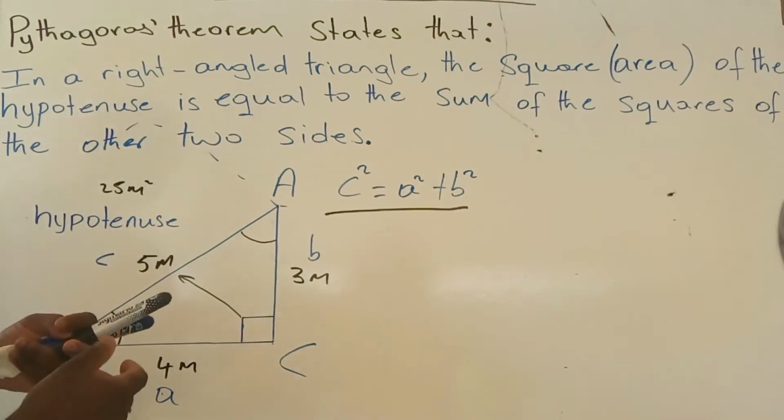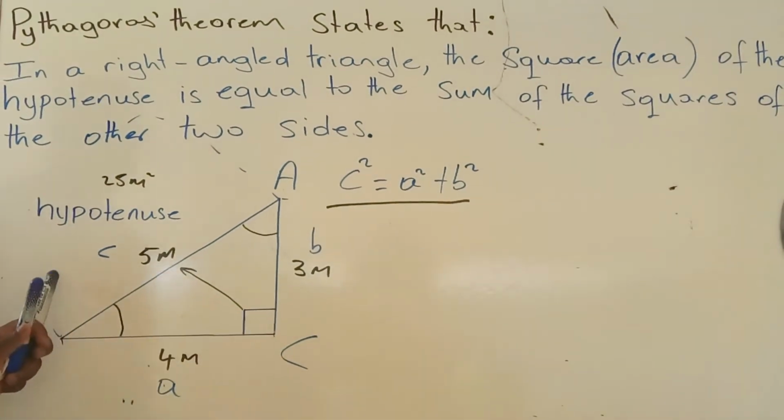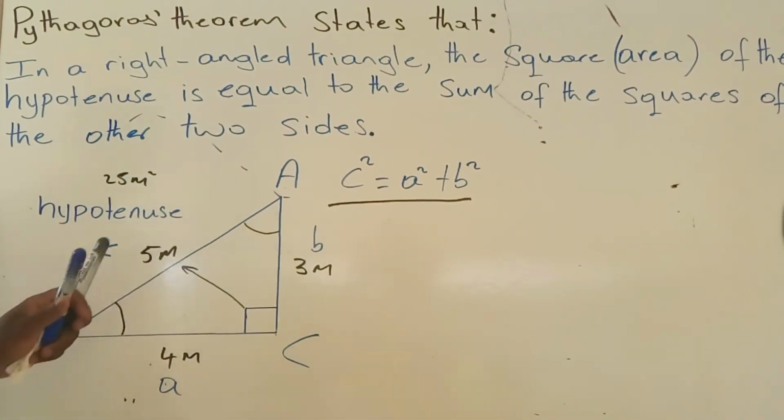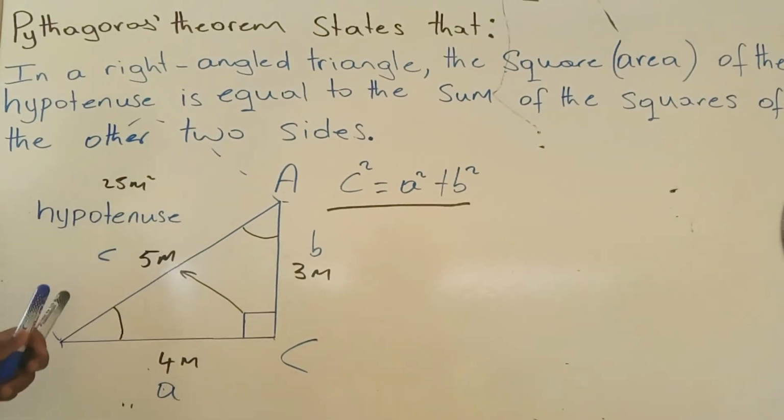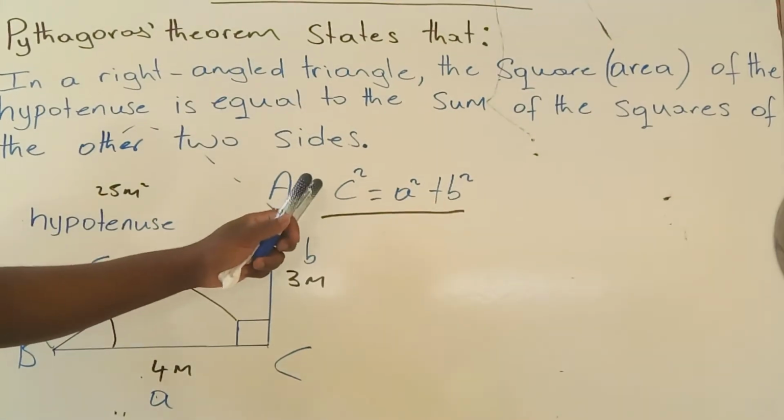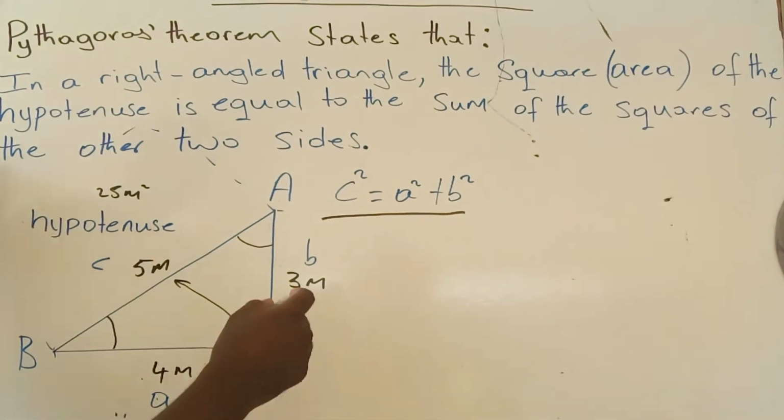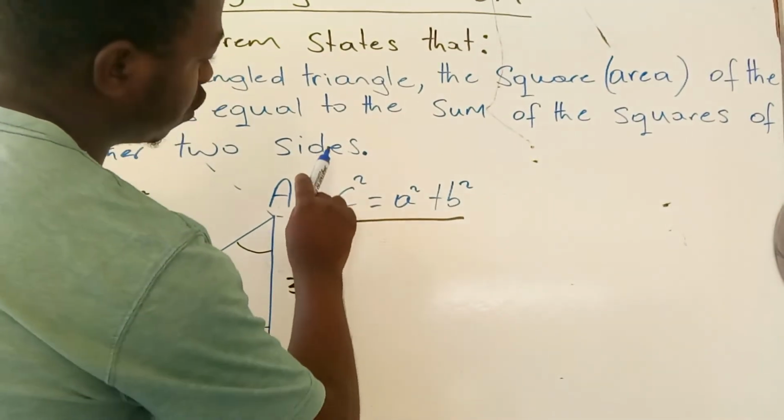That means if I want to calculate the length of the hypotenuse, which is C and not C squared, you just need to root both sides.